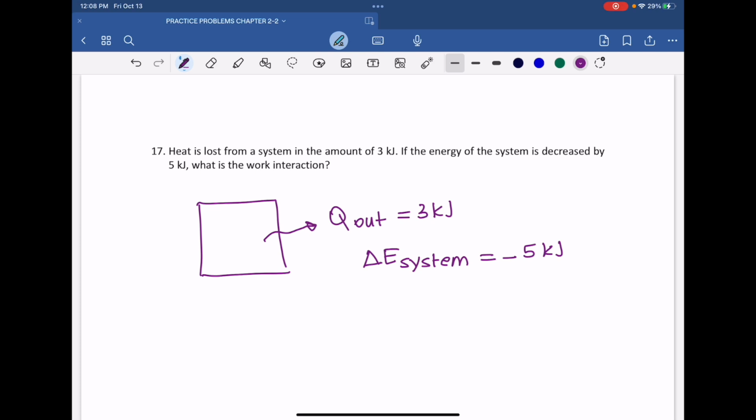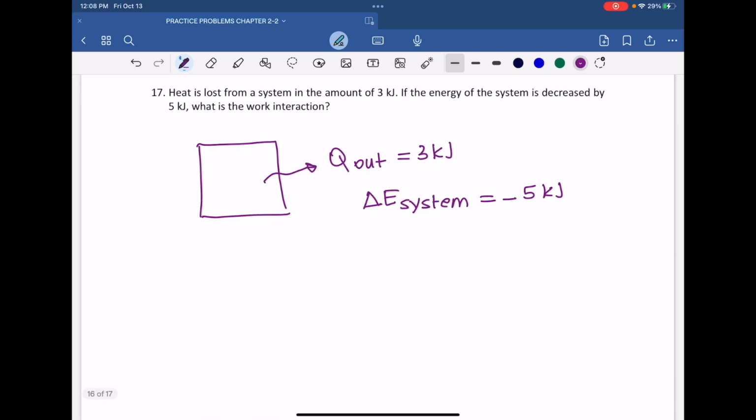Okay, so I'm not given the information if work is getting in or getting out of my system, so I don't know. But I can start with writing the general energy balance that we always do when there is a problem as such. We write energy getting in minus the energy getting out. These energy interactions taking place in the form of heat and work can change the energy of my system.